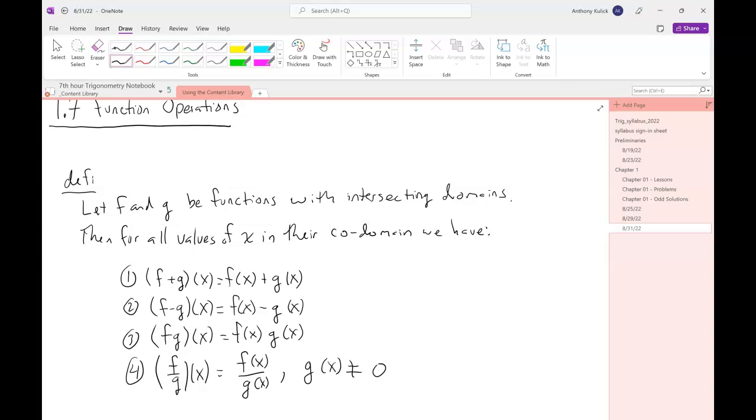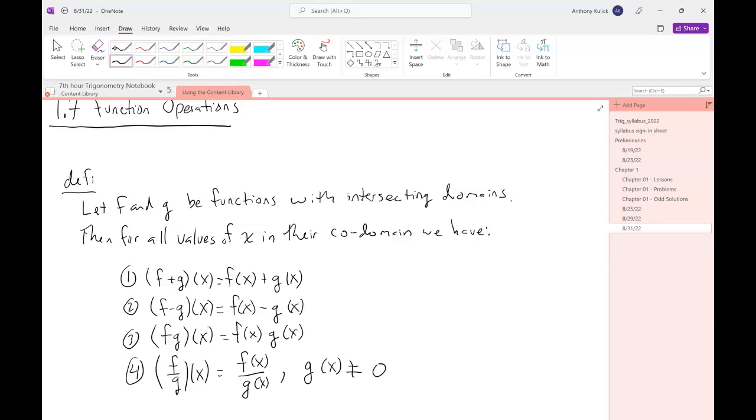So this says to let f and g be functions that have intersecting domains. Then for all values of x in that codomain, that would be the intersection of the 2 domains, that's what we mean by a codomain, we have the following: f plus g of x is equal to f of x plus g of x.